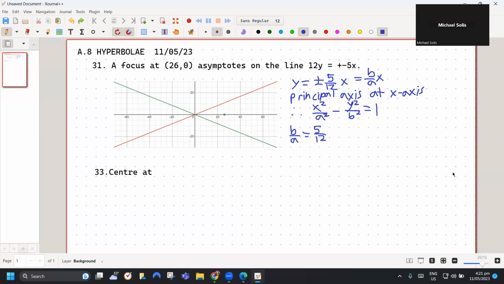Kasi 5 square, yung relationship ng A, B, at saka C is still going to be A squared plus B squared equals C squared. Pag tinry mo yan, makukuha mo yung C is 13 pag B is 5 and A is equal to 12. So, hindi sakto.